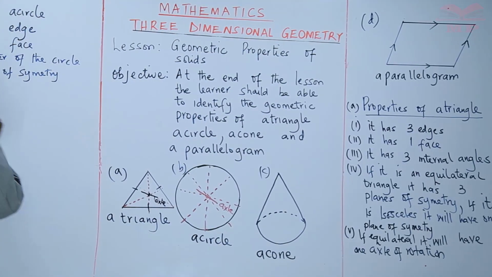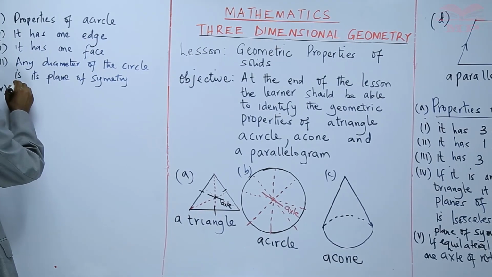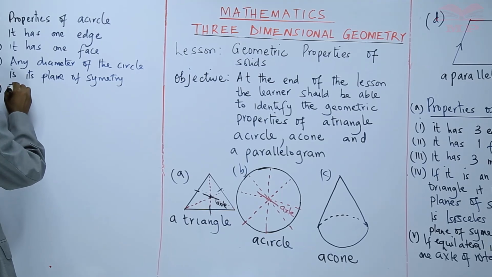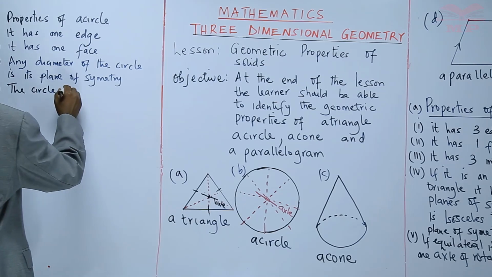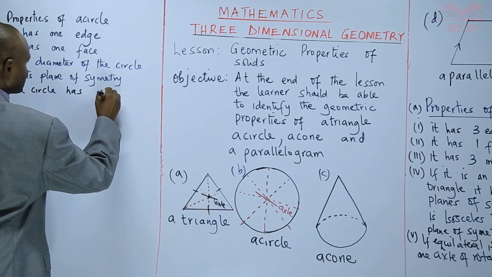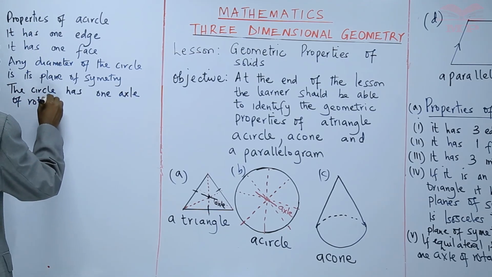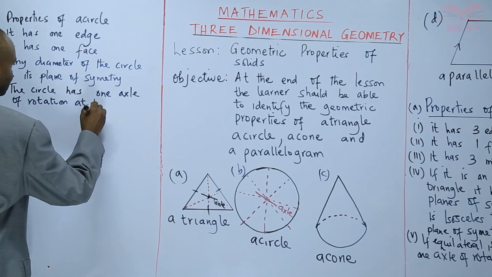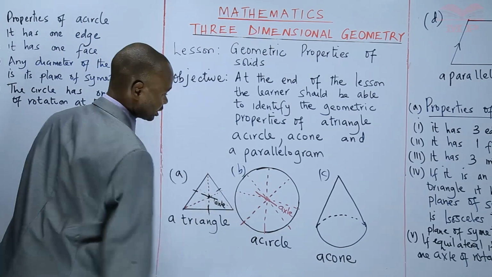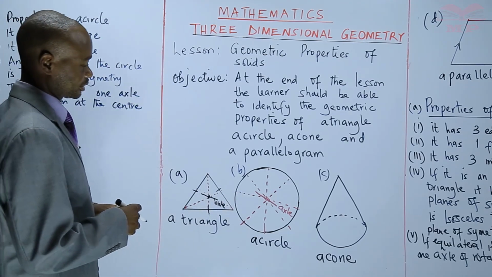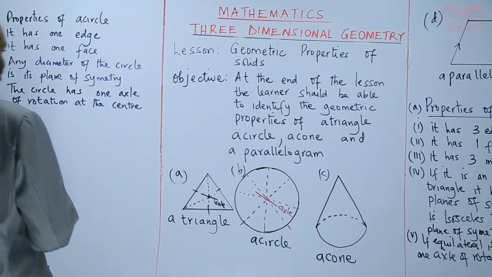So for the circle, it has one axle of rotation at the center.